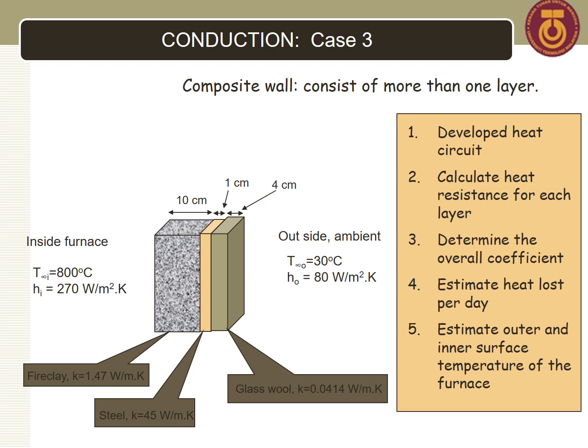I want to highlight for this example that for inside the furnace, the information provided here is hi and here is ho. But for the wall material, its thermal conductivity, k, is provided.